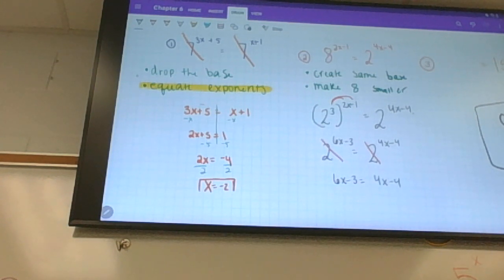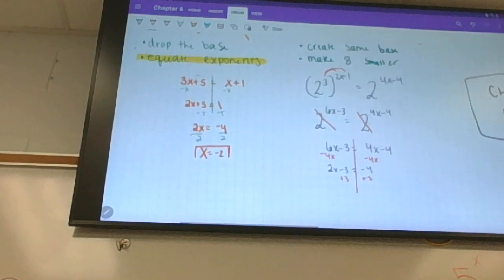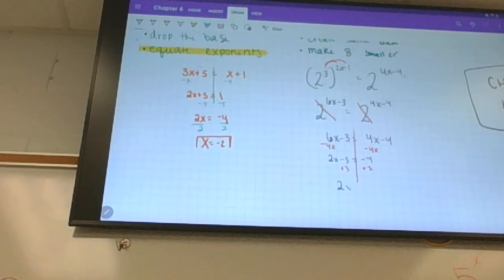And then you have a really basic equation to solve from there. I would subtract the 4x, and then I would add the 3. 2x is -1, and that's x = -1/2.